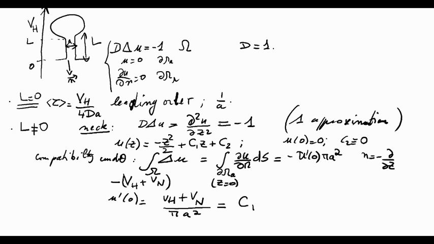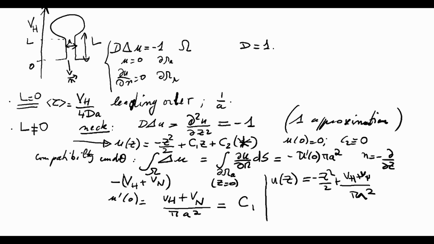It's just what you get when you differentiate the expression for u of z, given in this star here. Ultimately this says that u of z is given completely by minus z squared divided by 2 plus this term, V_H plus V_N divided by pi a squared, times z, and that's it.